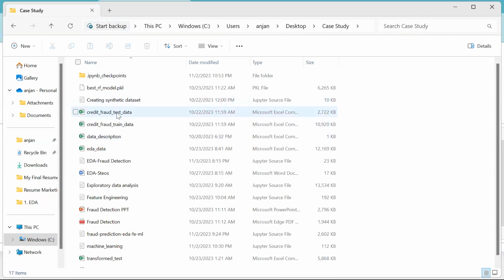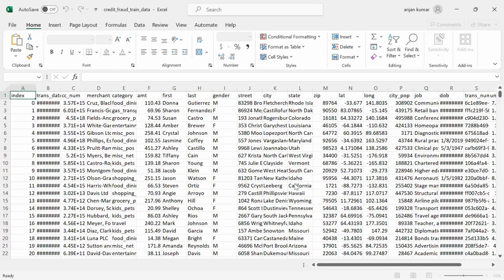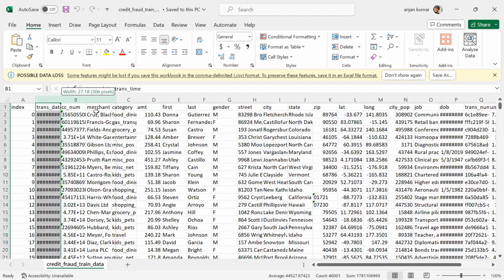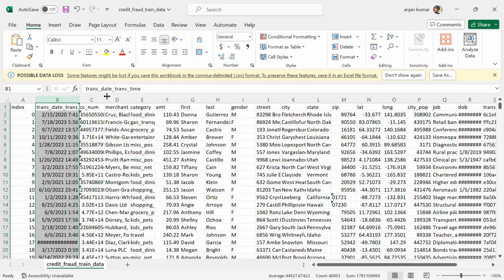Let me take this credit card fraud train data. Time format, it's a number, right?